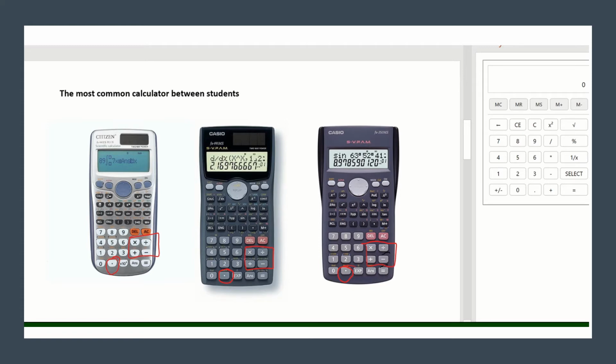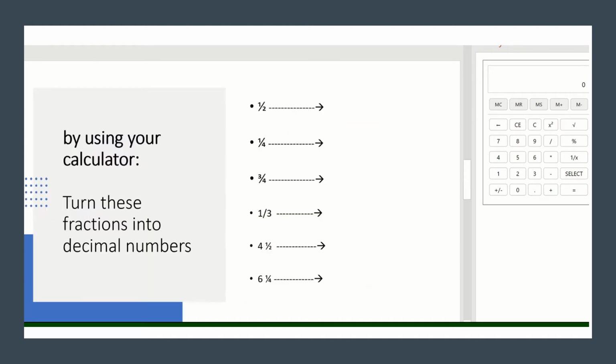For now, I'm going to focus on these operations, and later on in the subject we are going to use more operations. Then let's talk about entering or changing or converting these fractions into decimal numbers using the calculator.